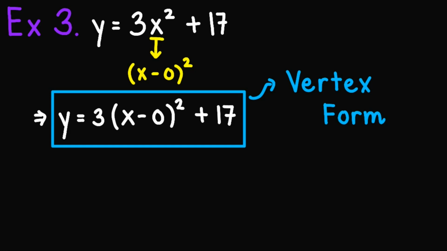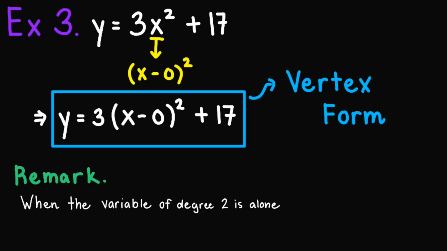And indeed, as a remark, take note that when the variable of degree 2 is alone, in this case, that is x, what we mean by that is degree 1 of the same variable is not present.